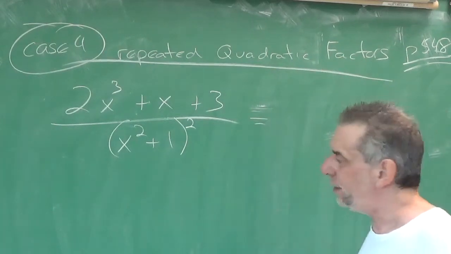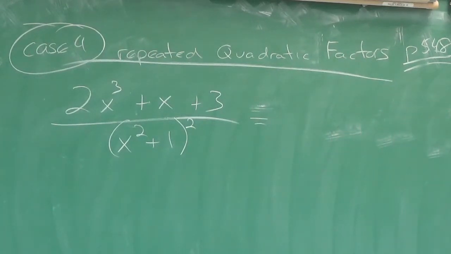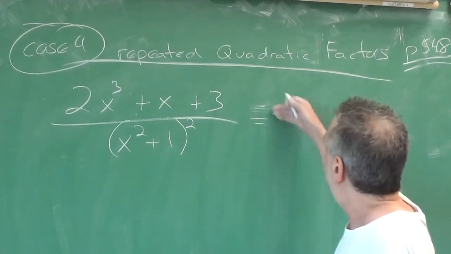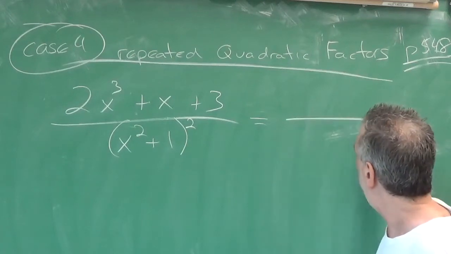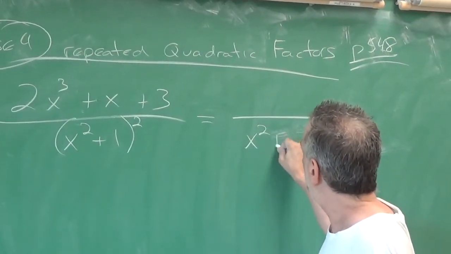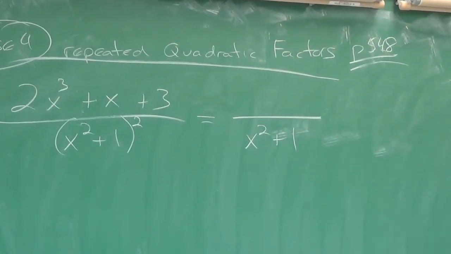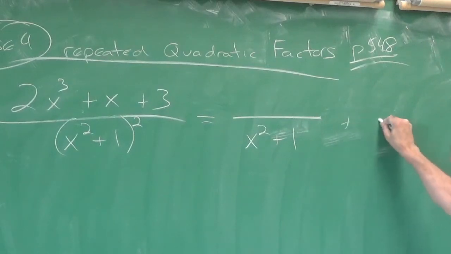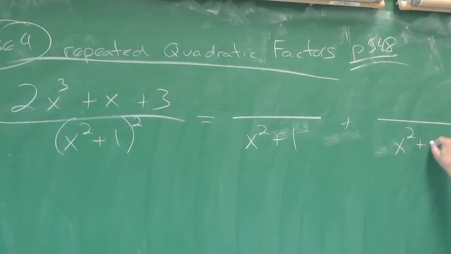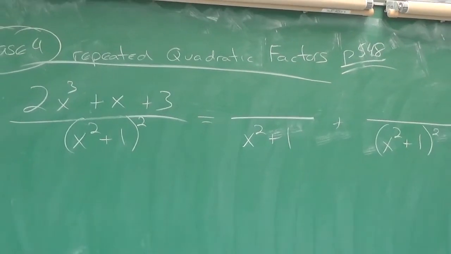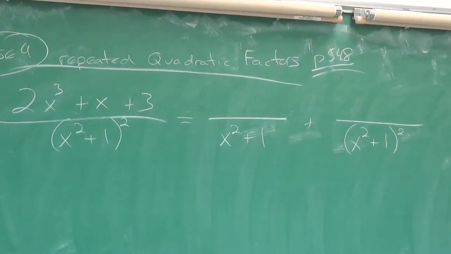So what happens here, as you can see there on page 548, each one of the numerators is going to be a linear factor. So we get one fraction for the quadratic factor raised to the first power and a second fraction for the quadratic raised to the second power, right?